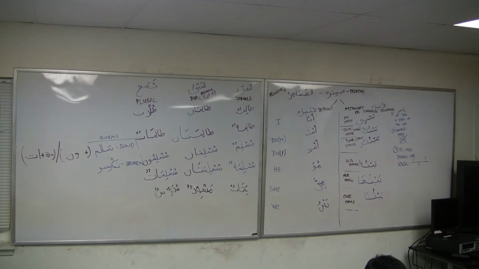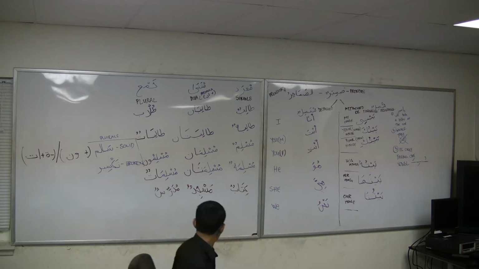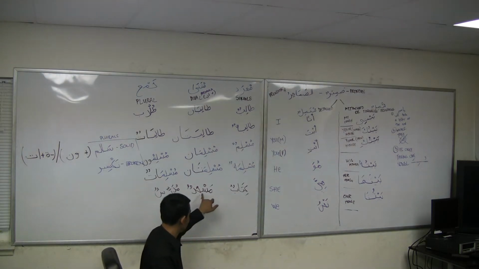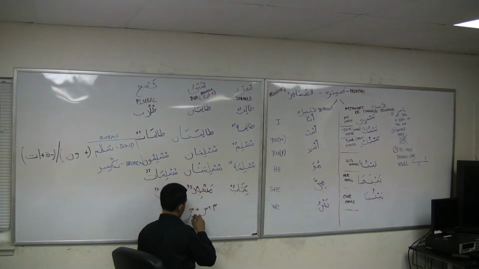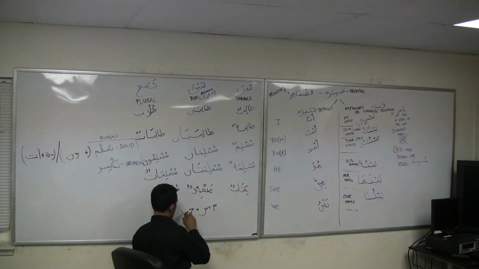I know that we should have... First of all, we're missing a letter here, aren't we? There's a Jim. Meem, Sin, Jim, Dal. Meem plus Sin plus Jim plus Dal.